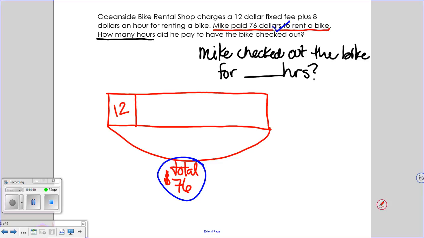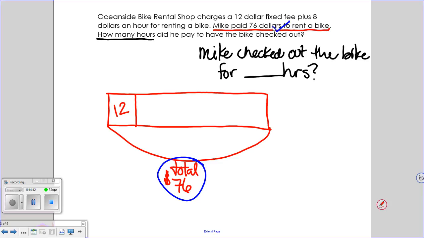Why do you think that? Because it says this. Oceanside Bike Rental Shop charges a $12 fixed fee plus $8 an hour for a bike. Do we know how many hours he had to pay yet? No, that's what's going to go in this section.